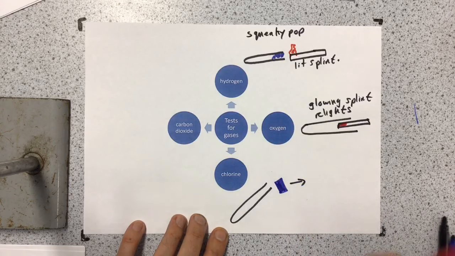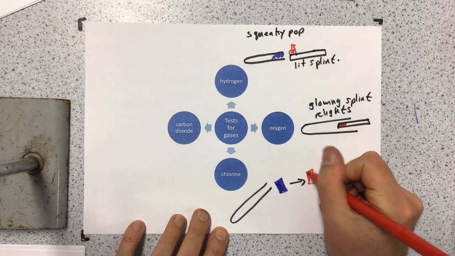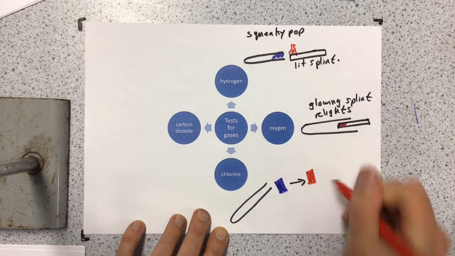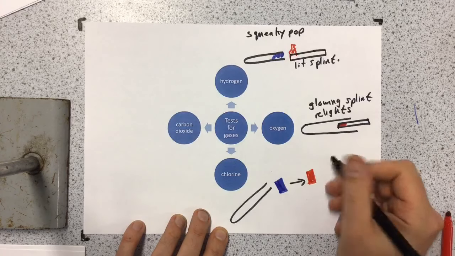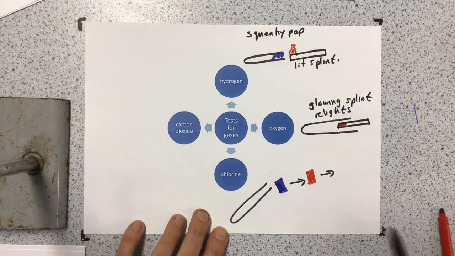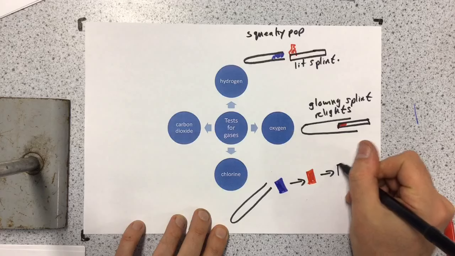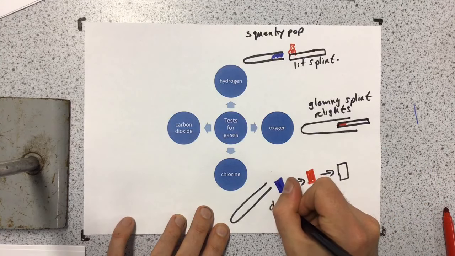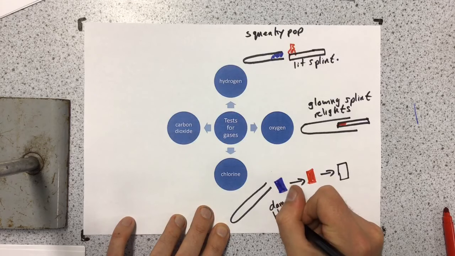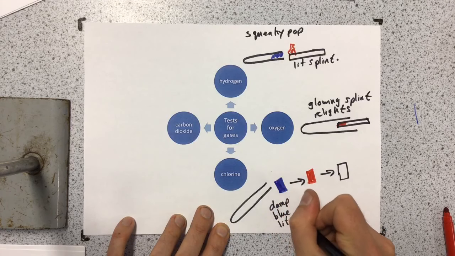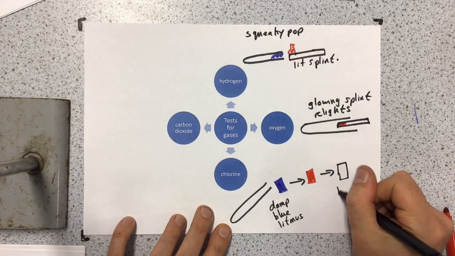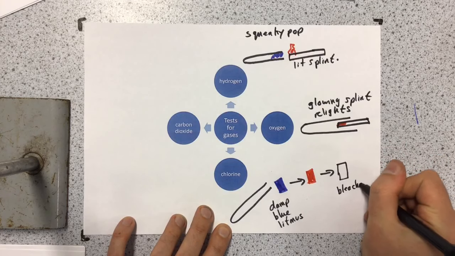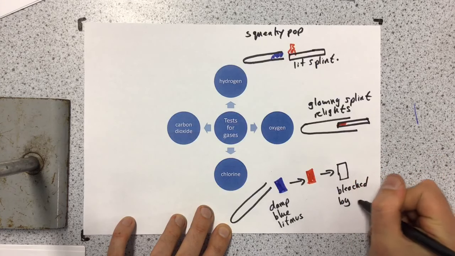The first thing is the chlorine gas would turn the blue litmus paper red, and then it would turn the blue litmus paper white. Okay, so this is damp blue litmus, and it is white because it has been bleached by the chlorine.